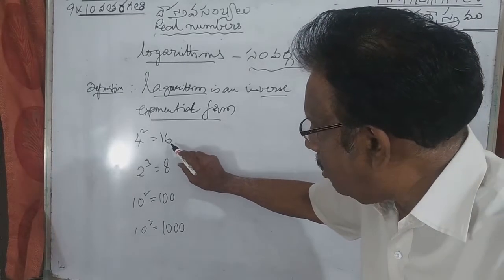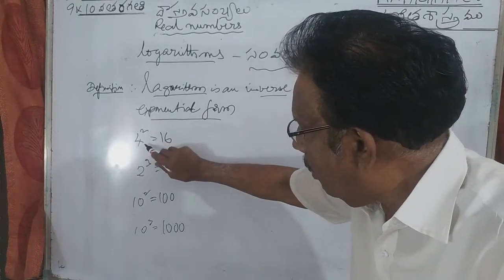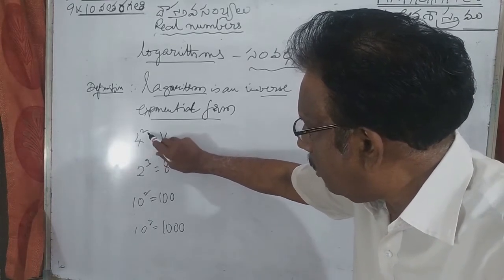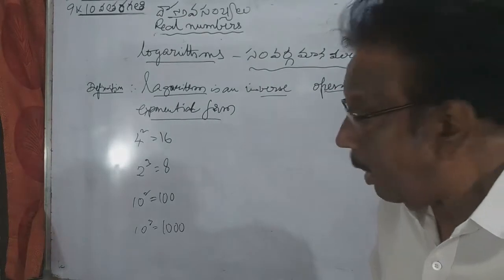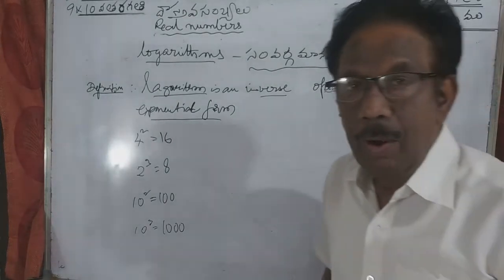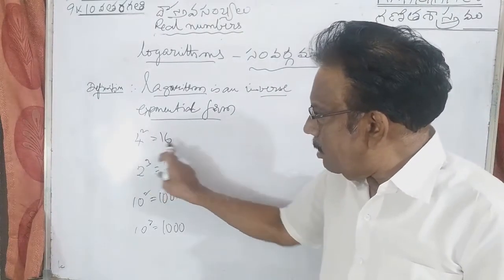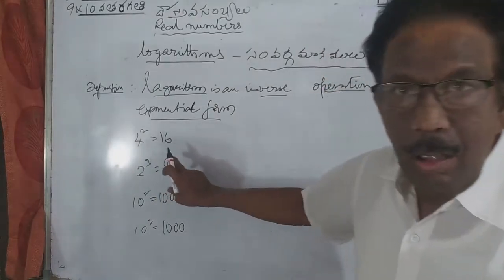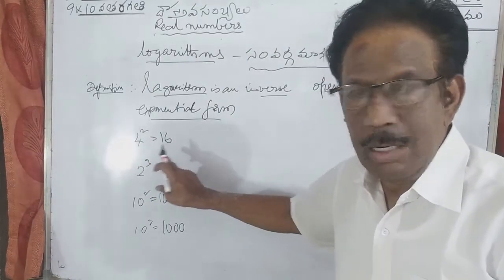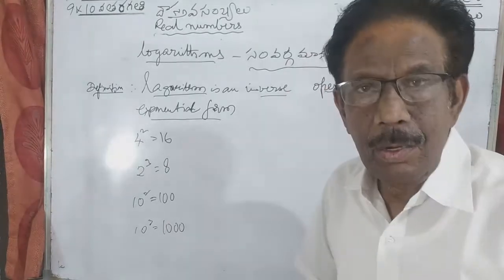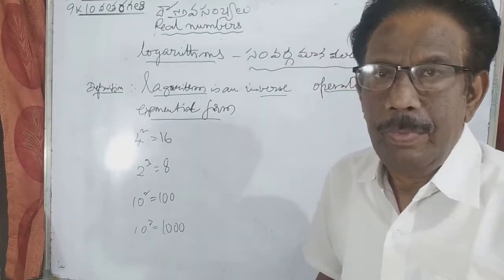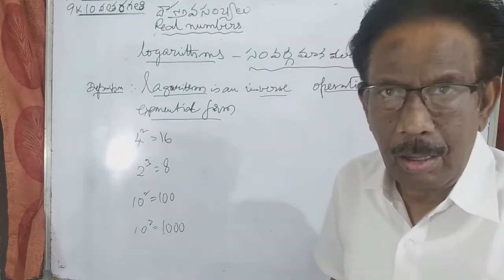We wrote these numbers in the exponential form, to the base 4 and the exponent is 2 here. This is the exponential relation, and the same equation we can convert into the logarithmic form. How to convert this into a logarithmic form?